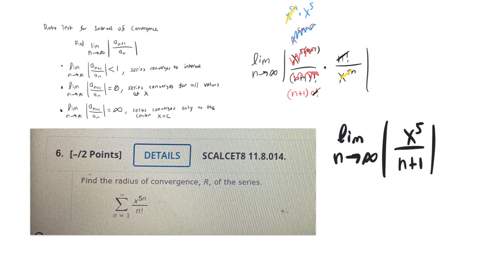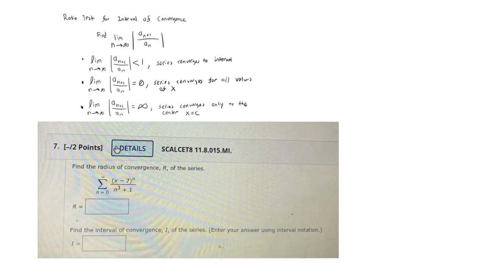Now if we were to substitute infinity in for n in that case, it would be 0. So therefore we're looking at the second option, and the series converges for all values of x. So the radius of convergence would be infinity. And of course, the interval of convergence is from negative infinity to positive infinity.